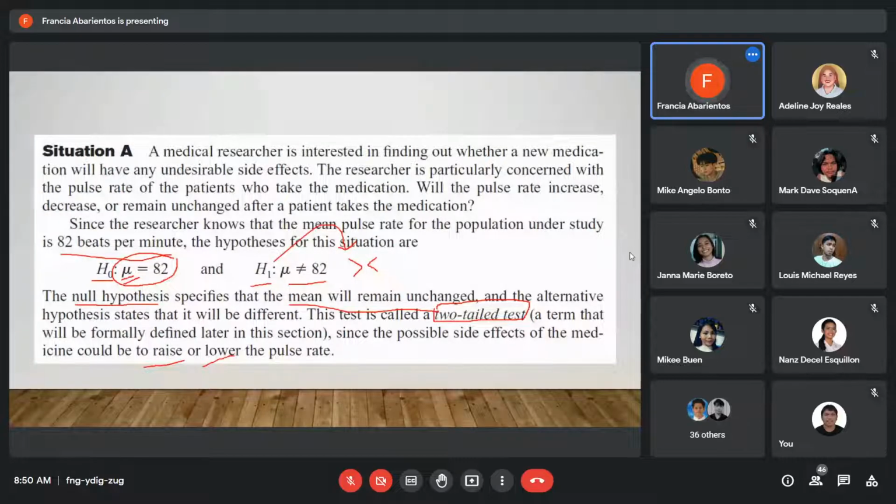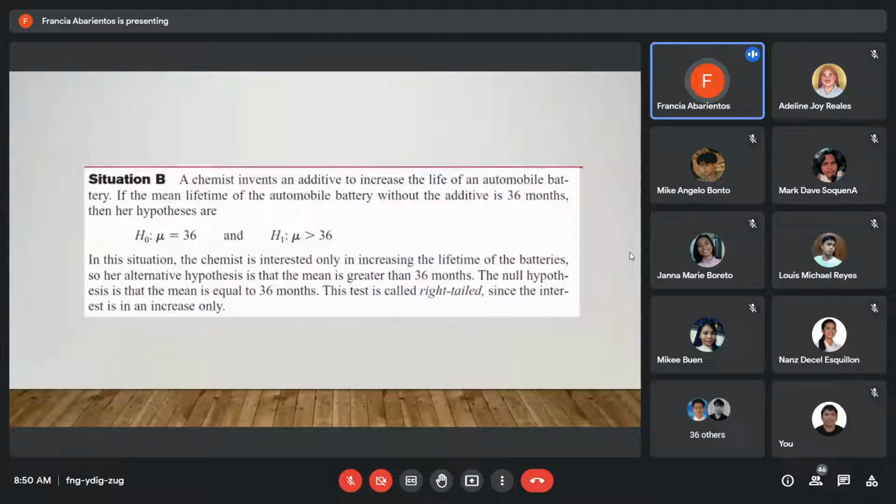While here in situation B, for example, a chemist invents an additive to increase the life of an automobile battery. If the mean life of the automobile battery without the additive is 36 months, then her hypotheses are like that. And take note, our null hypothesis is always equal to the given mean in the problem.